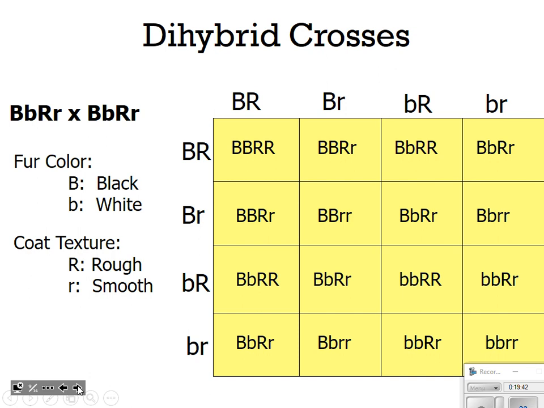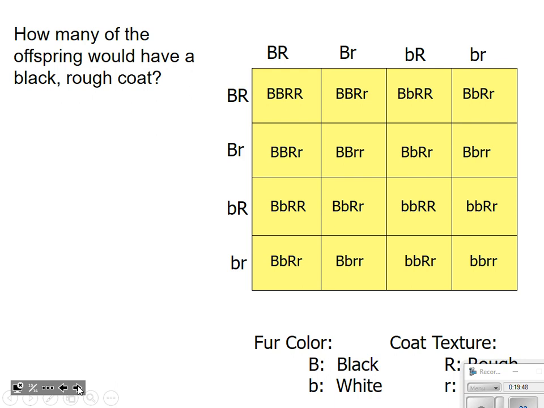Coat texture, capital R is rough, lowercase r is smooth. So our next step is to determine how many of the offspring would have a black rough coat, meaning that they were both dominant, right?